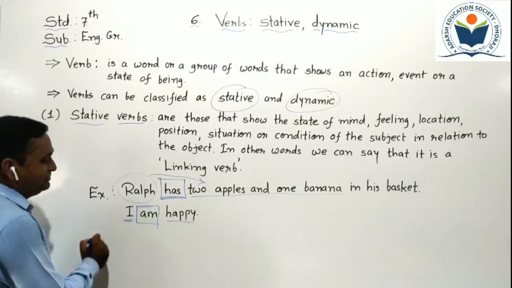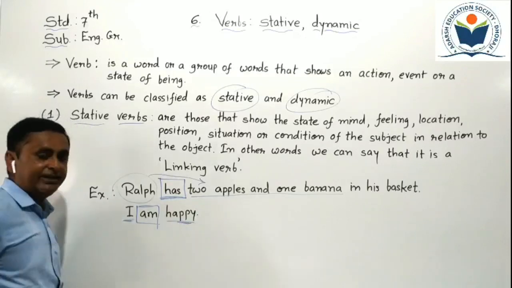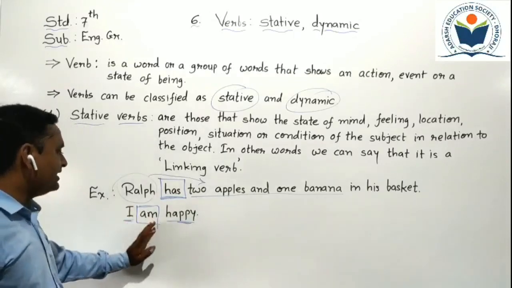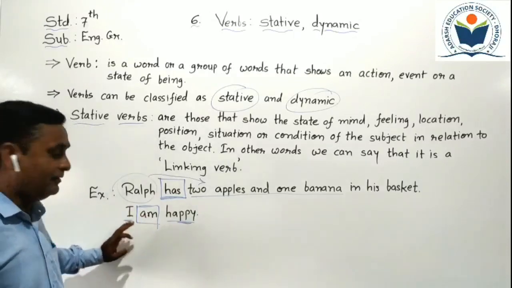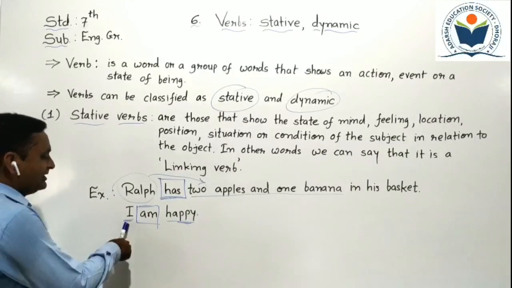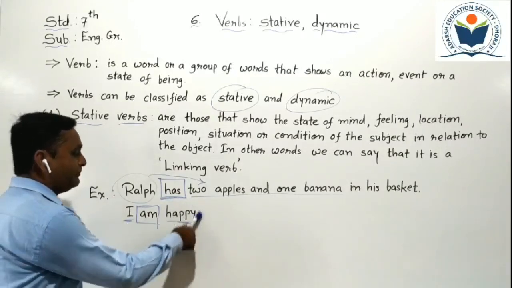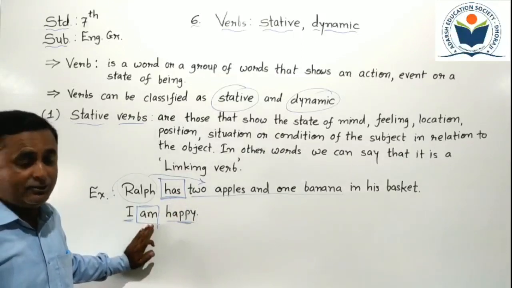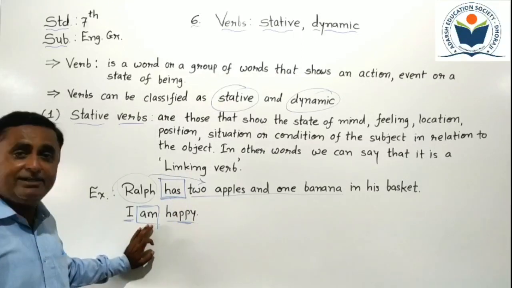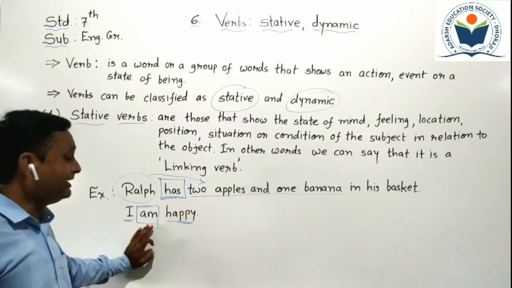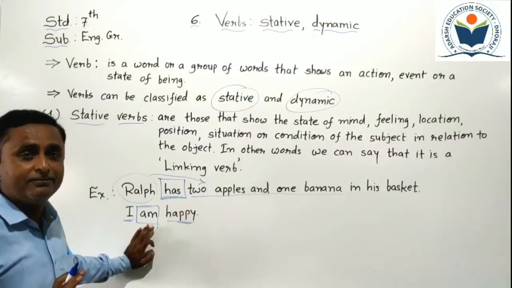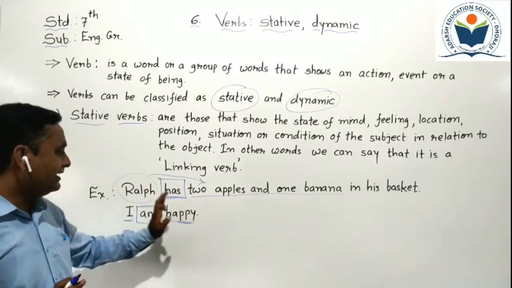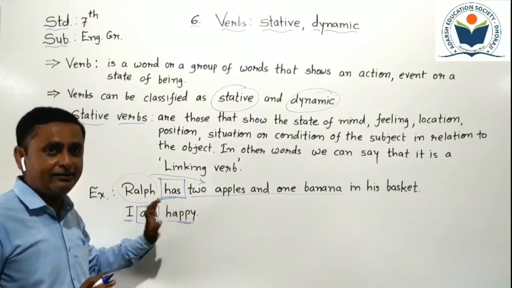I is the subject here and happy is the object here. So it shows the relation, state of being of the subject. Here the subject's state of being is what? Happy. So it shows the state of being. So we can say that am is here a stative verb or linking verb. It links I and happy, subject and object.